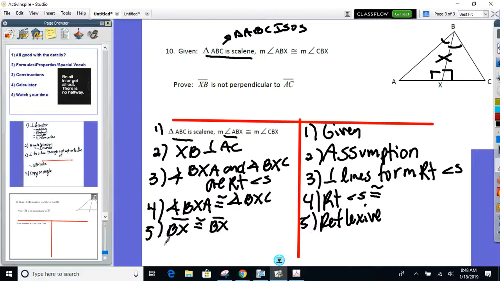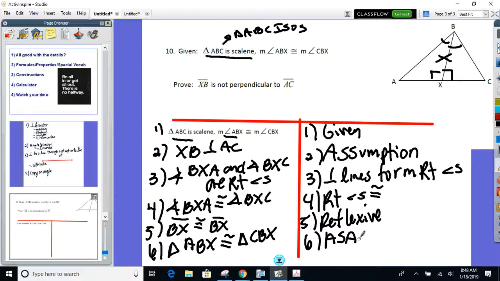Triangles are congruent. What method out of the five? Angle, side, angle. I know we've been going back and forth, but make sure you got the congruent sign there. ABX congruent to CBX, angle, side, angle. Why would that help me out knowing the triangles are congruent if I needed isosceles?